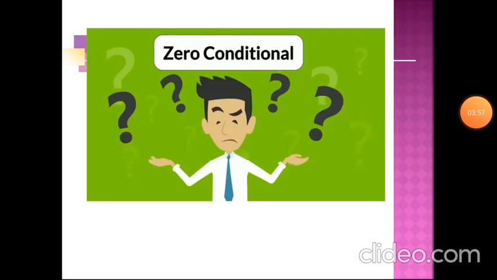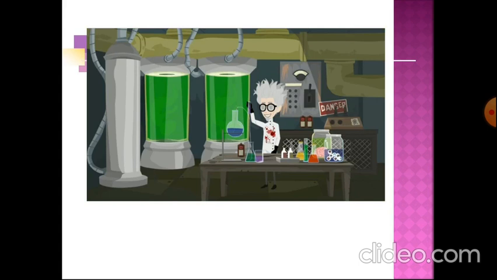What is the zero conditional? Well, we usually use the zero conditional to talk about things which are always true or things which always happen as a result of something else. We're not talking about a specific event here, but rather something which is generally true. Hence, we often use the zero conditional for facts.